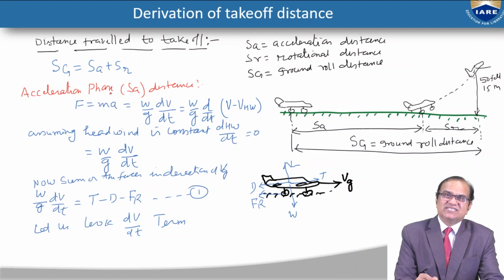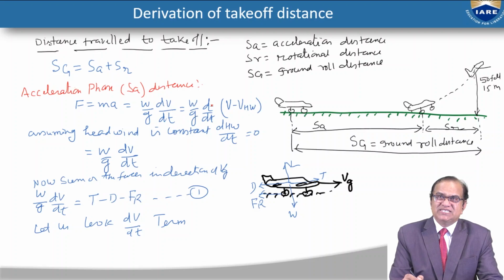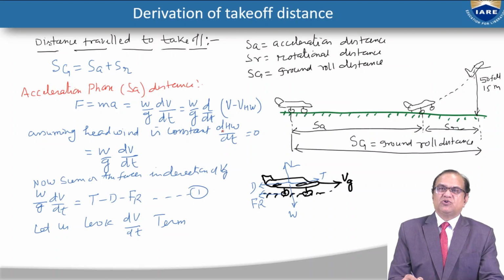We know that for the acceleration phase, SA distance, F is equal to MA, M is equal to W by g, a is equal to dV by dt. So W by g, dV by dt, where for V we can write V minus V headwind. Assuming headwind is constant, dVHW by dt is equal to 0.